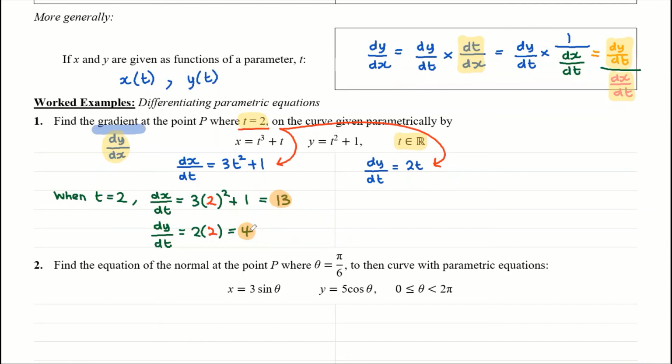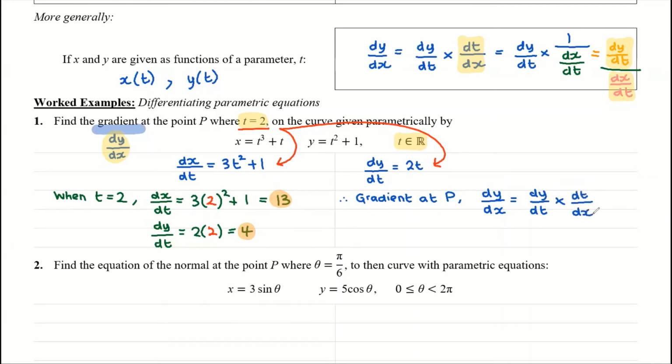Okay, so the gradient at P when t equals 2, dy by dx is simply going to be, well, depends how you want to do it. It's going to be dy by dt multiplied by dt by dx.